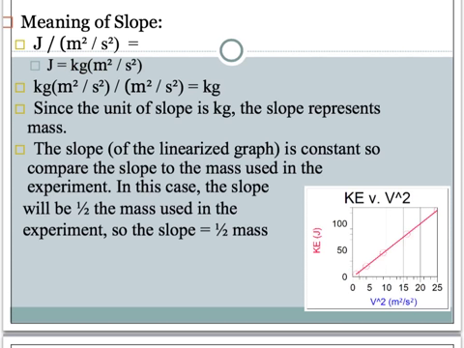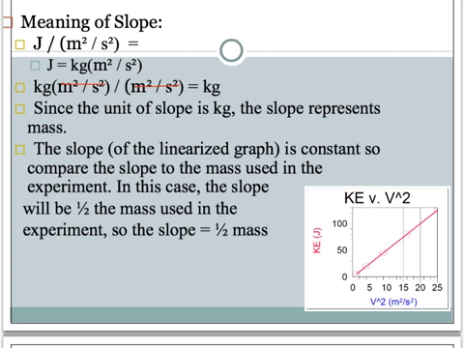So if I take that and put that kilogram meter squared over second squared all over a meter squared over second squared, then I can cancel out my meter squared over second squared, and I get a kilogram. Kilogram, that's much happier.